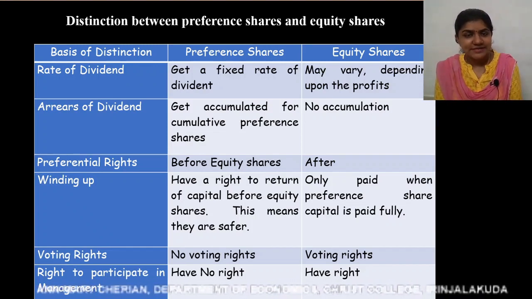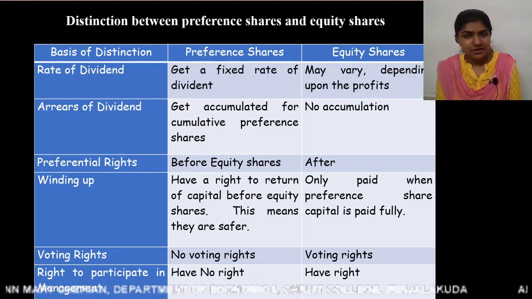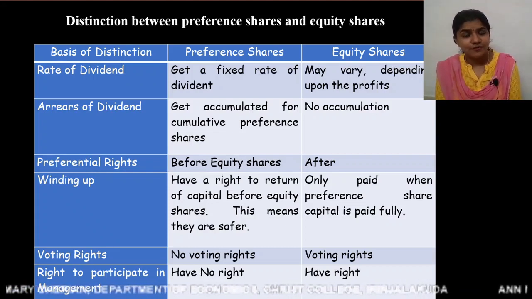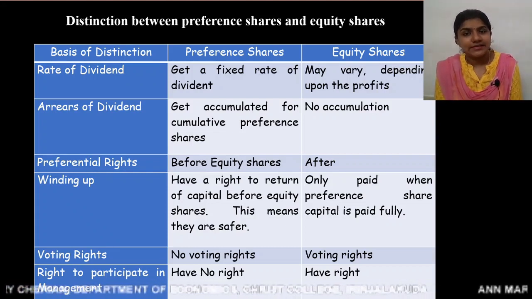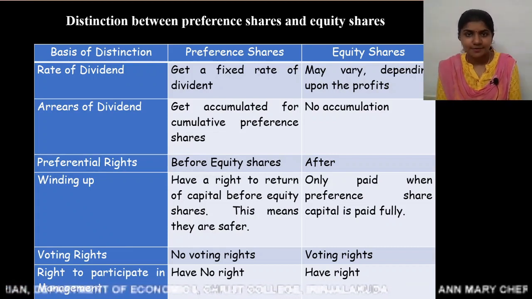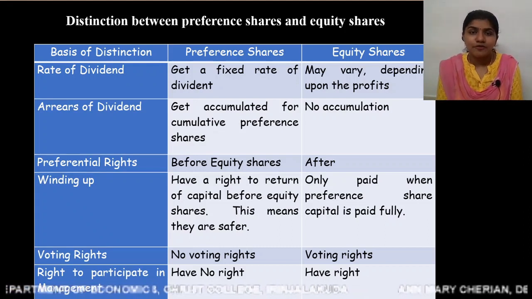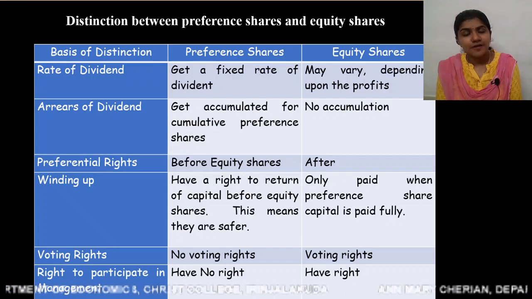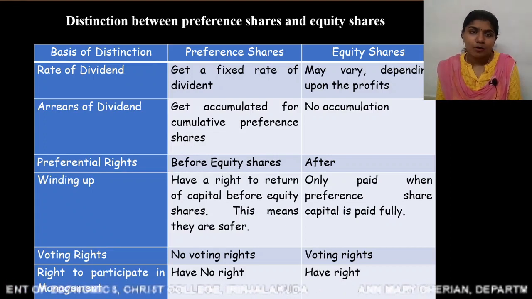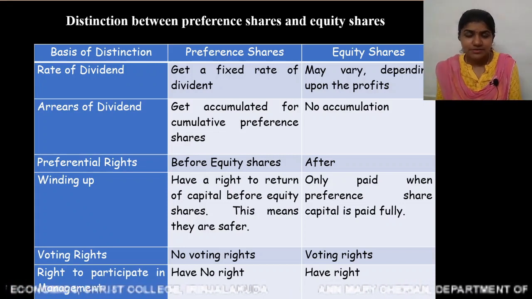First basis of distinction is rate of dividend. Preference shares get a fixed rate of dividend, whereas the dividend on equity shares may vary from one year to another. Dividend on equity shares depends upon the profit of the company. If the company is making high profit, then equity shareholders will get high dividend.